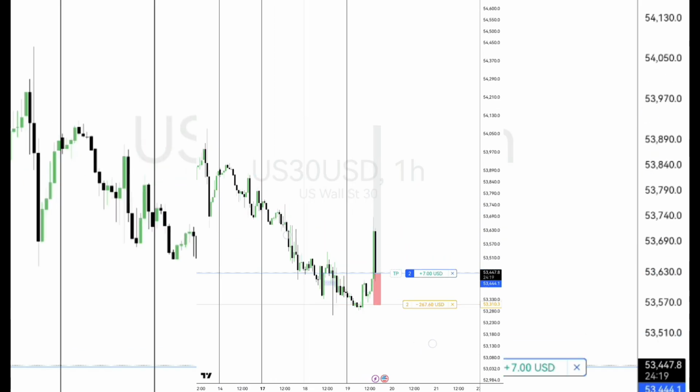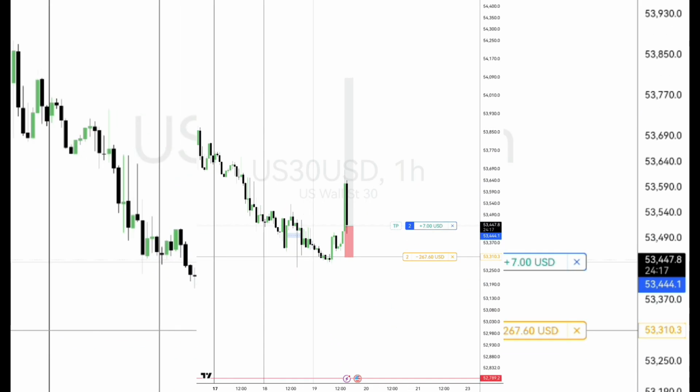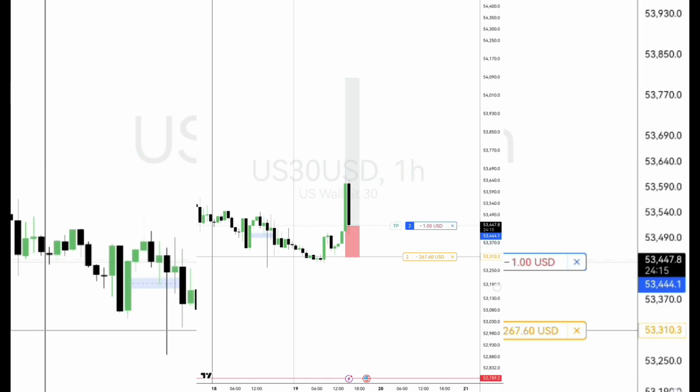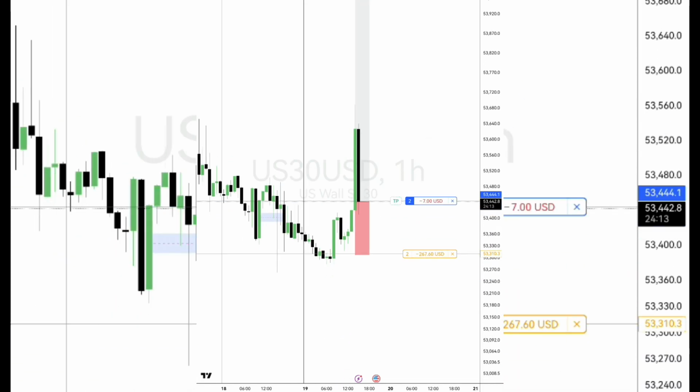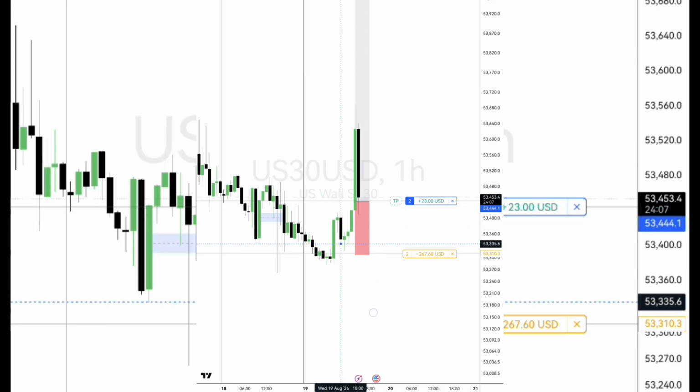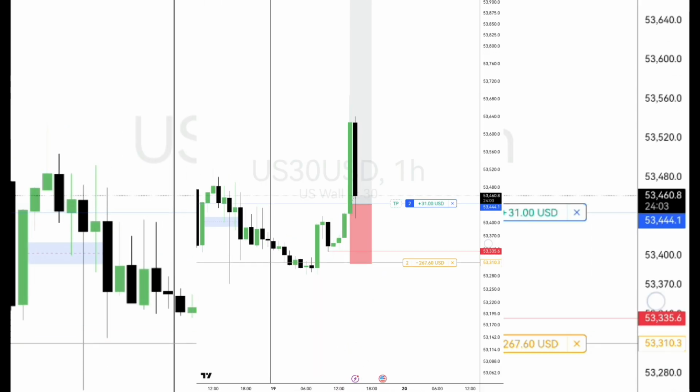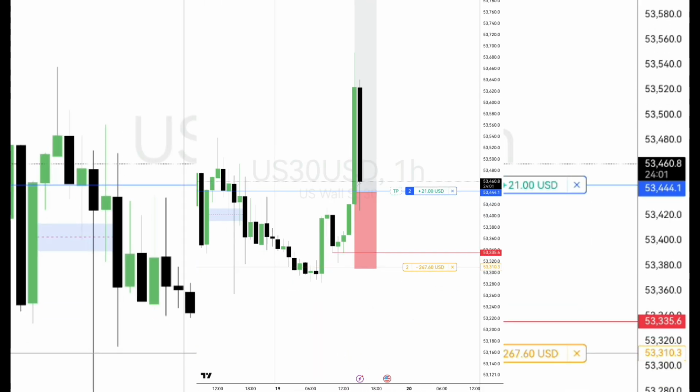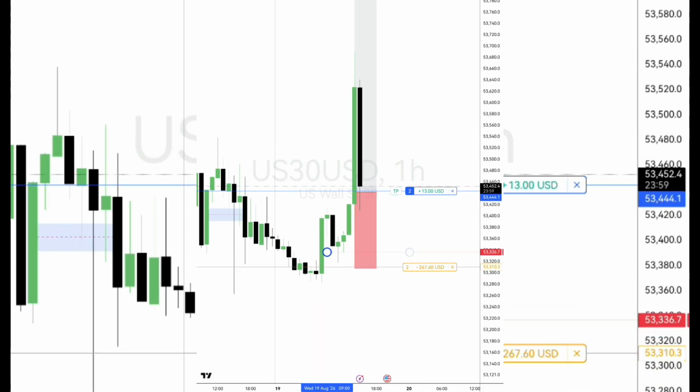Where I have my stop is right below the swing low. You can see this is a swing low over here. This swing low should be a protected low. You see here how price literally created this swing low here.